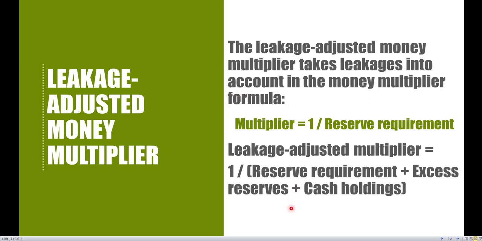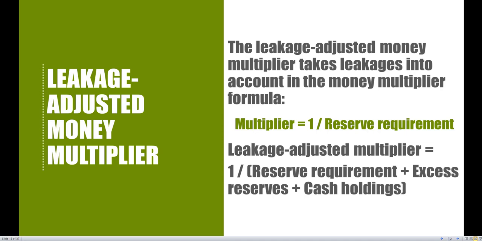But when we add in the leakage adjusted multiplier, so maybe 20% for reserve requirement, maybe 20% for excess reserves, maybe 10% for cash holdings, we get 1 over 0.5, which tells us that the leakage adjusted or actual money multiplier is only equal to 2 in this instance. So in reality, we only see an initial new deposit creating 2 times as much money within the banking system, rather than the theoretical 5 times as much money with the potential money multiplier.